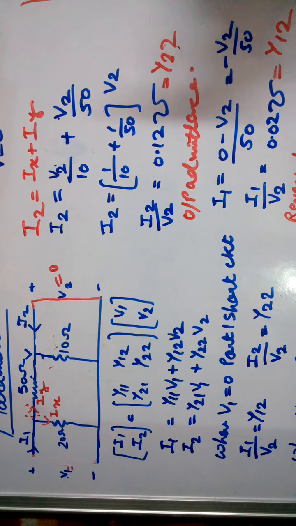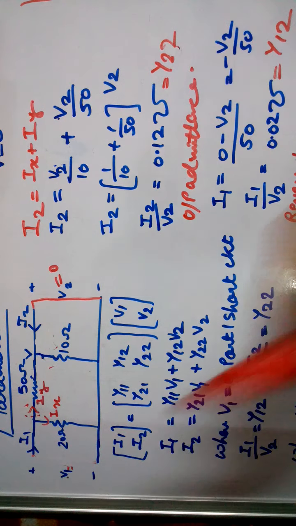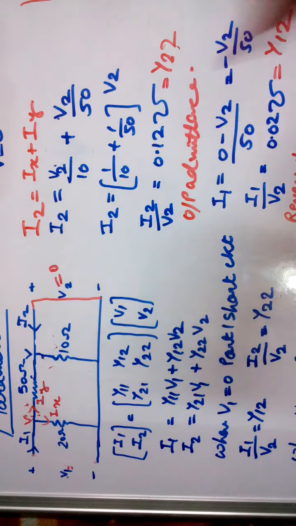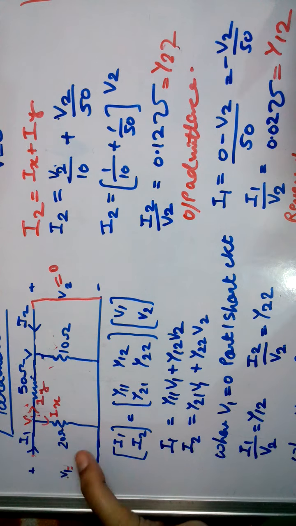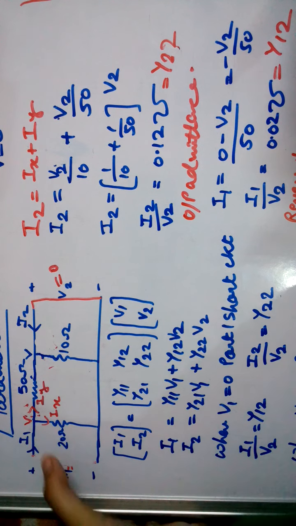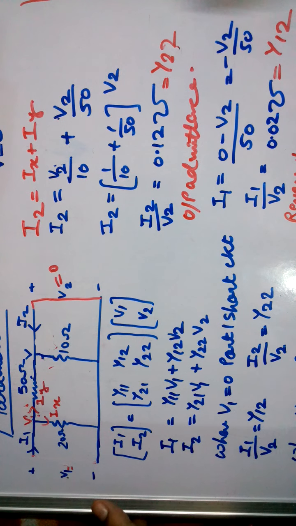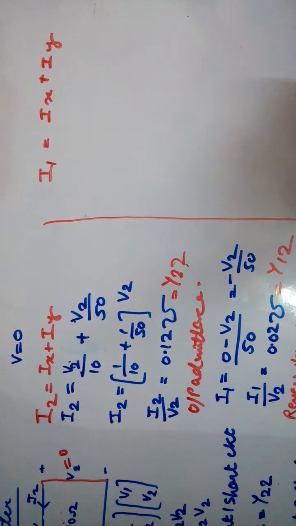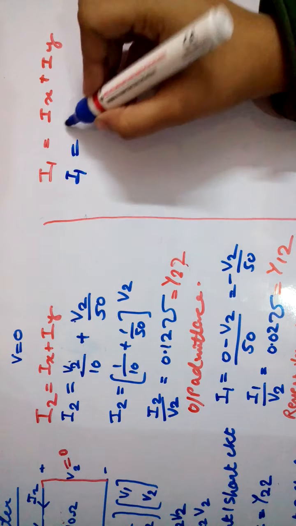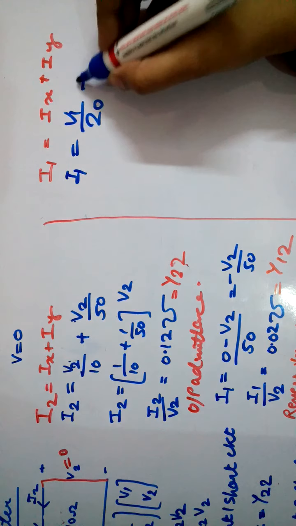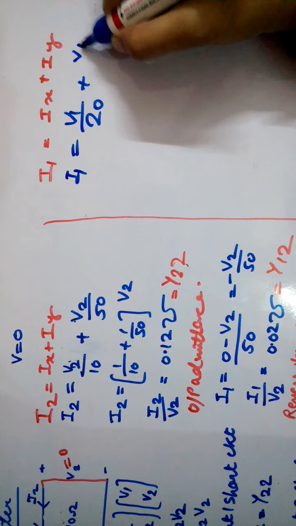Now Ix, let's assume potential drop V here, the current is going from V1 to V, and V is V2, which is 0. Hence Ix would be V1 upon 20, and Iy equals V1 upon 50.